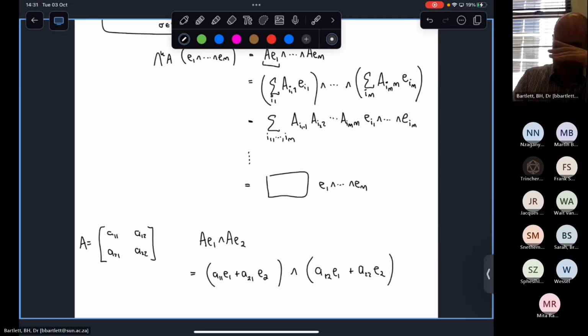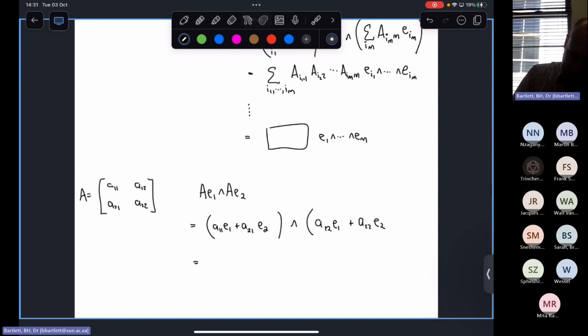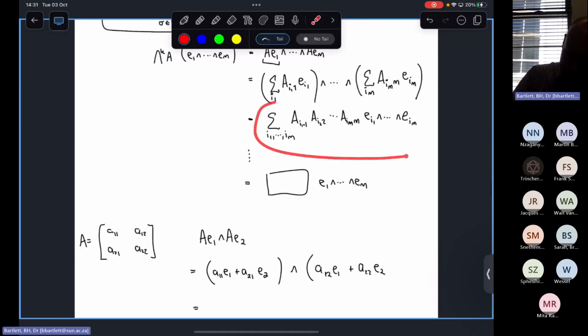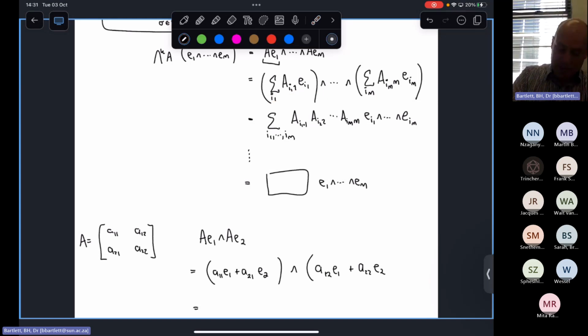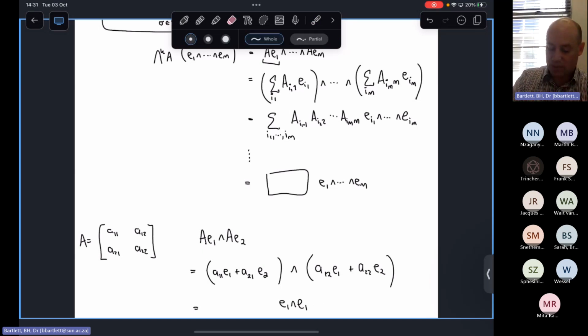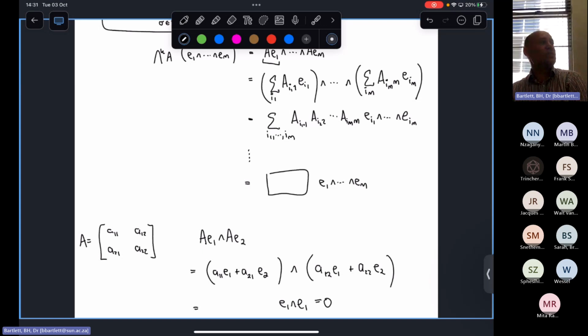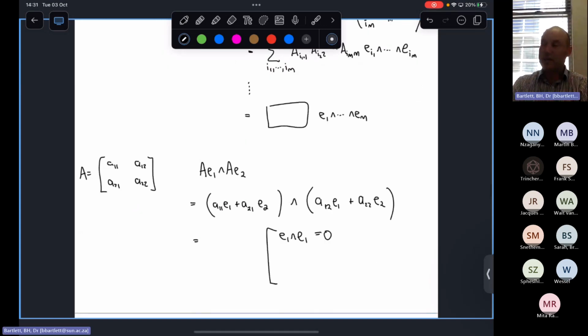Right? So then that's going to be, yeah, I get a sum of this form. That's what I'm trying to say here. But in the sum, you see that sometimes you're going to get terms like E1 wedge E1, right? That's going to go away because the wedge of a vector with itself is 0, right? And you also have to take into account that, for example, this is E1 wedge E2, the minus sign.